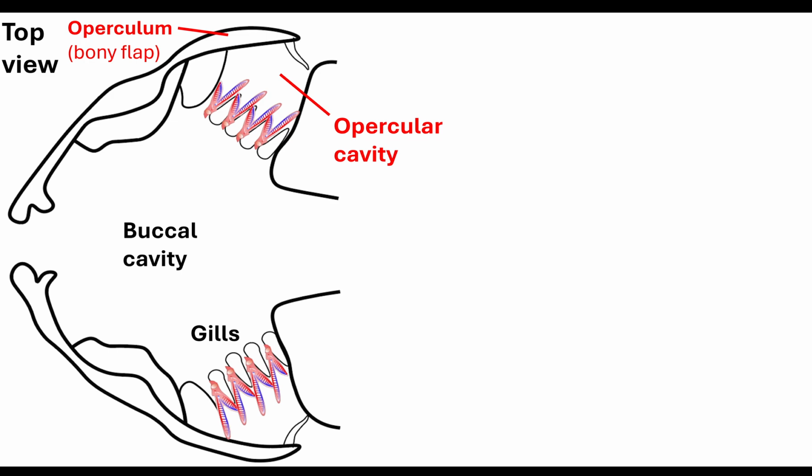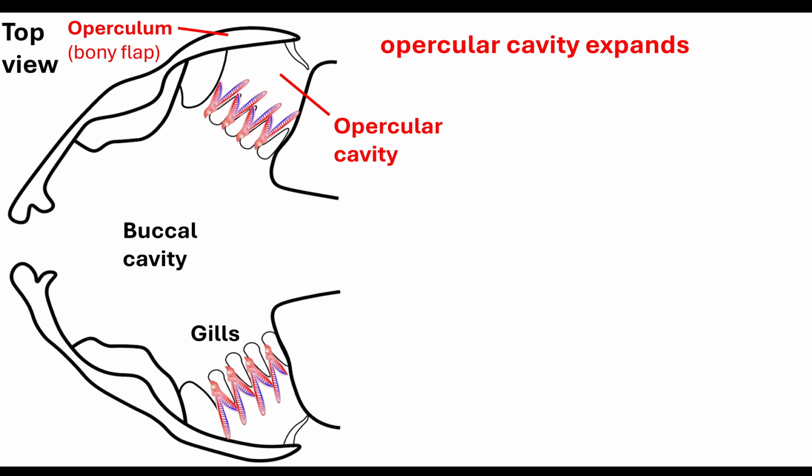Now, what's important for us to know is there's also what's known as the operculum. Now, the operculum is the bony flap which covers the gills, and inside the cavity is called the opercular cavity. So the buccal cavity is before the gills, the opercular cavity is after the gills. So by increasing the buccal cavity and having the mouth open, that is going to cause an influx of water into that buccal cavity.